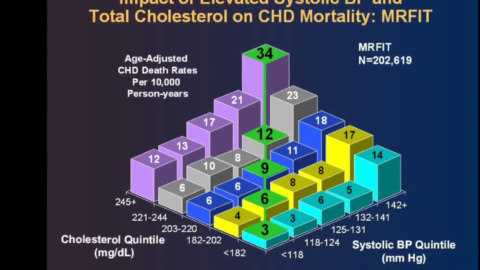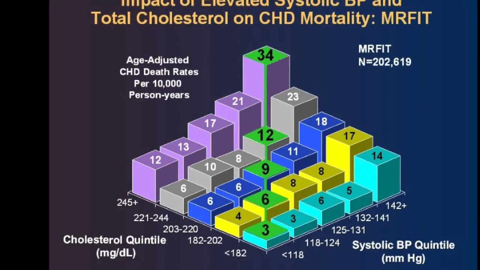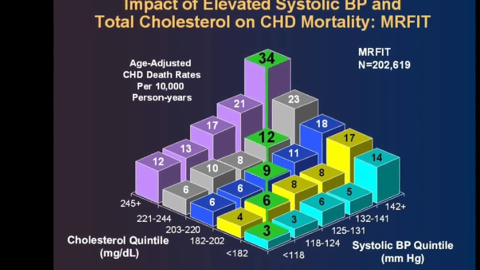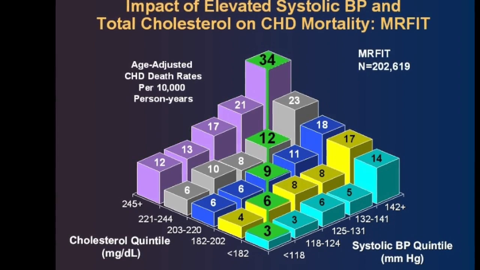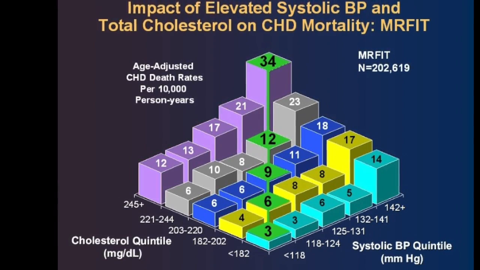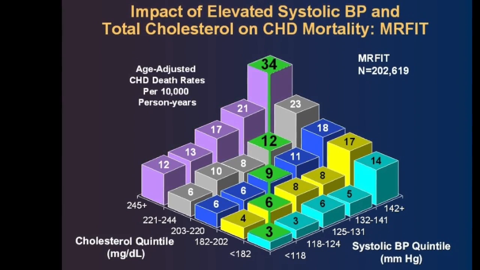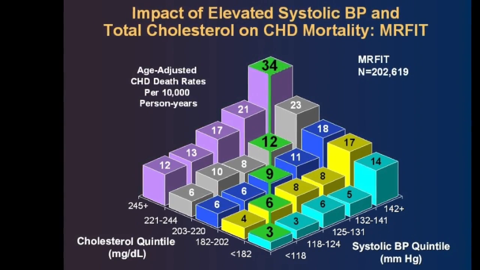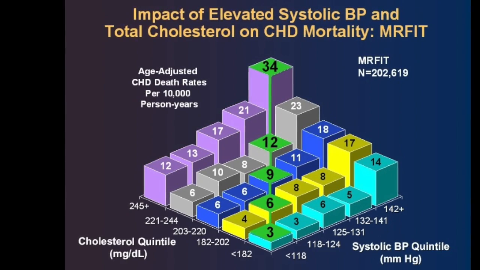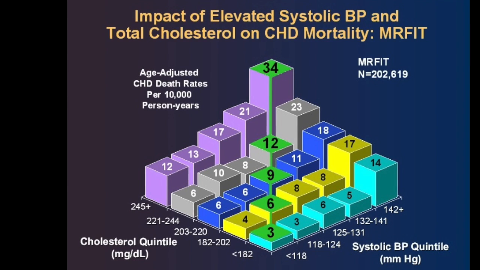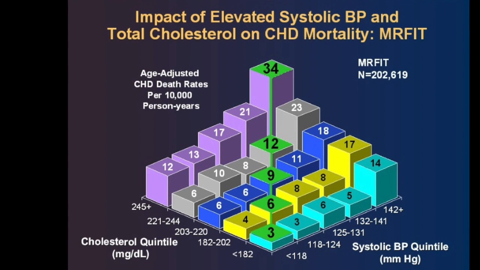When your blood pressure was brought down to say 128, then from 34 you drop to 17. However, if you drop the cholesterol all the way to 170, you drop the event rate to 6, and thus you change from 34 per 10,000 to 6 per 10,000, a tremendous reduction in risk.